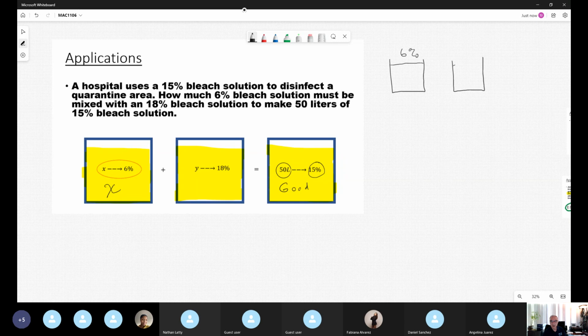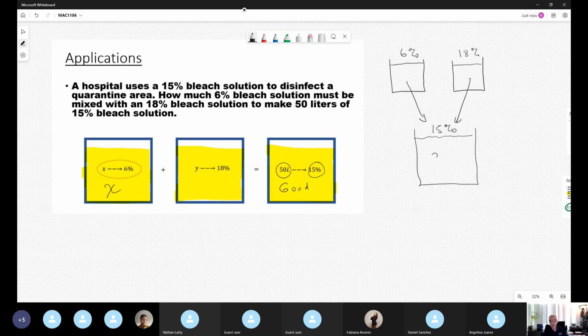We have another container, 18% concentration. But I need another container that has 15% concentration. Now making sense, right? The concentration after the mix is an intermediate value between this and this. No?